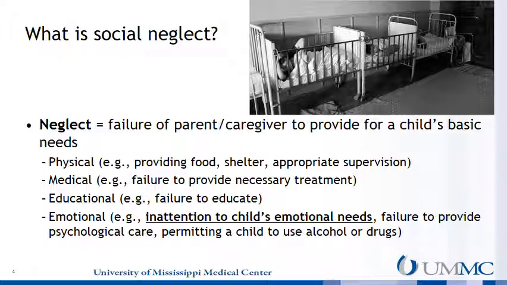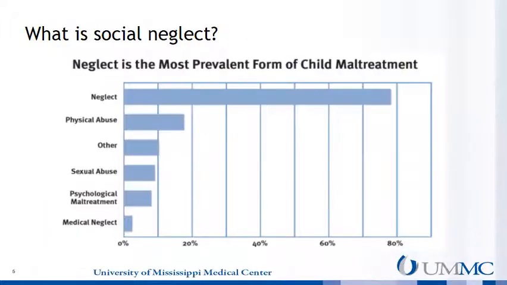It could be a failure to provide necessary medical treatment or to provide education. It could also involve inattention to a child's emotional needs, failure to provide psychological care, and permitting a child to use alcohol or drugs. Now, neglect is by far the most prevalent form of childhood maltreatment, with rates far exceeding those of physical abuse and sexual abuse, for example.